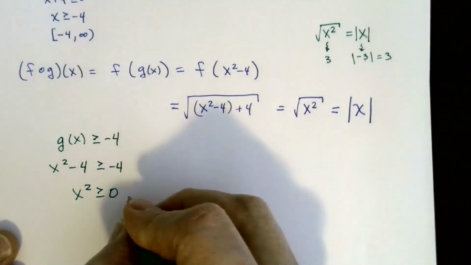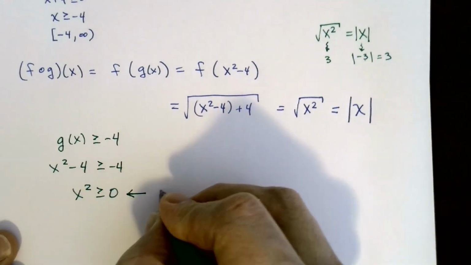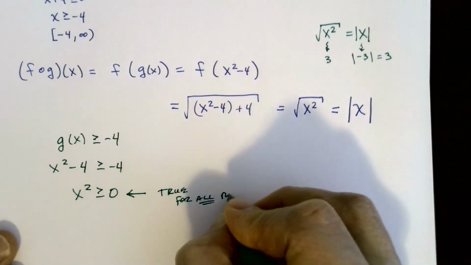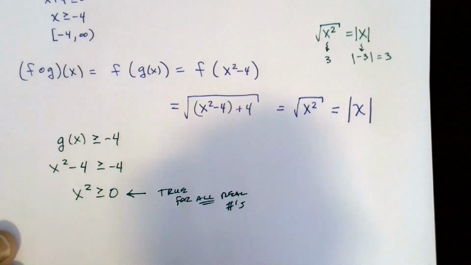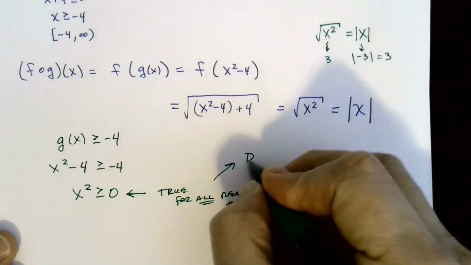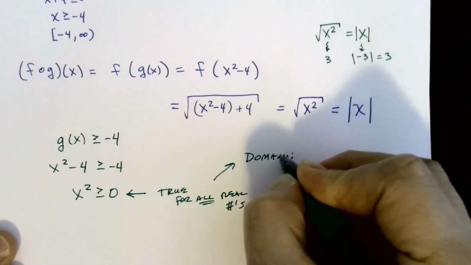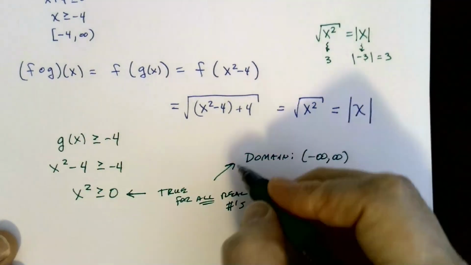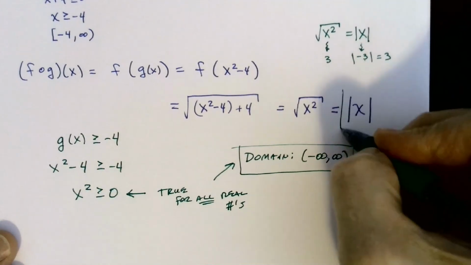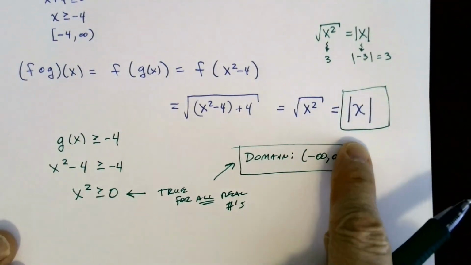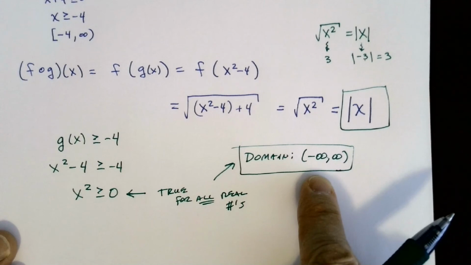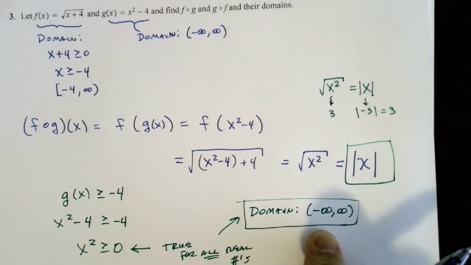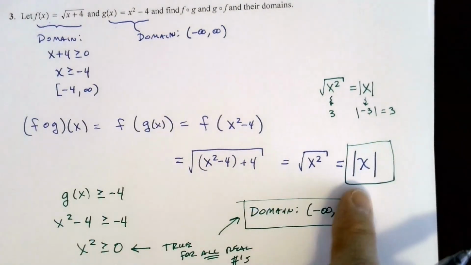And so this is true for all real numbers, and therefore, the domain is also all real numbers. So the composition function comes out to be the absolute value of x. Domain all real numbers. Very interesting that we composed two functions like this to get the absolute value function.